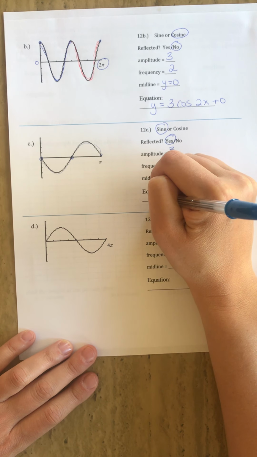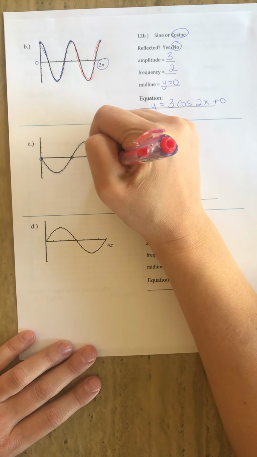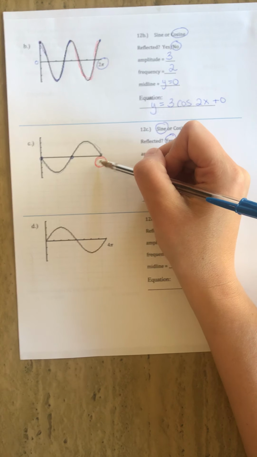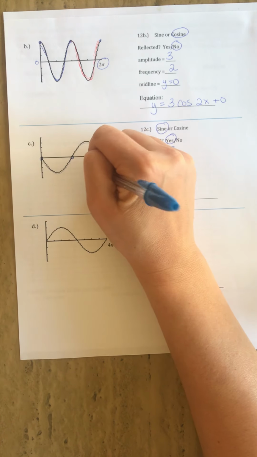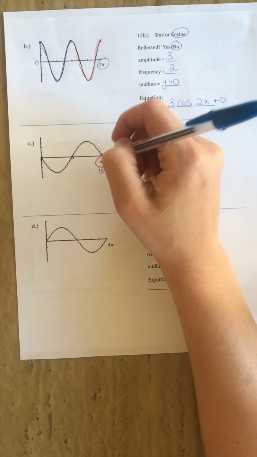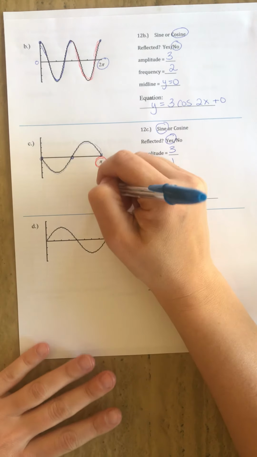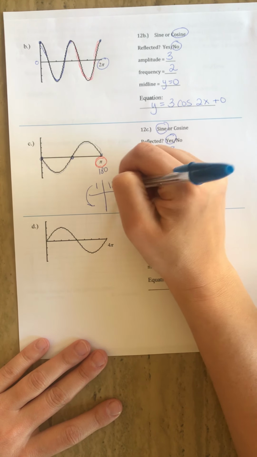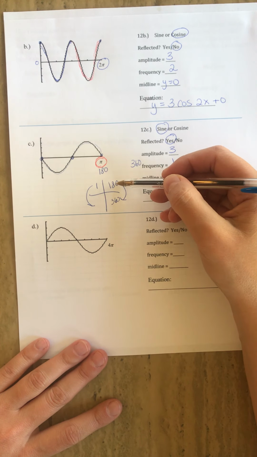I need to be careful. You need to be careful. What I just realized right here is that it is ending at pi, which is 180. When you write these equations, you want to go to 360. So we have one frequency at 180. We need to get to 360.